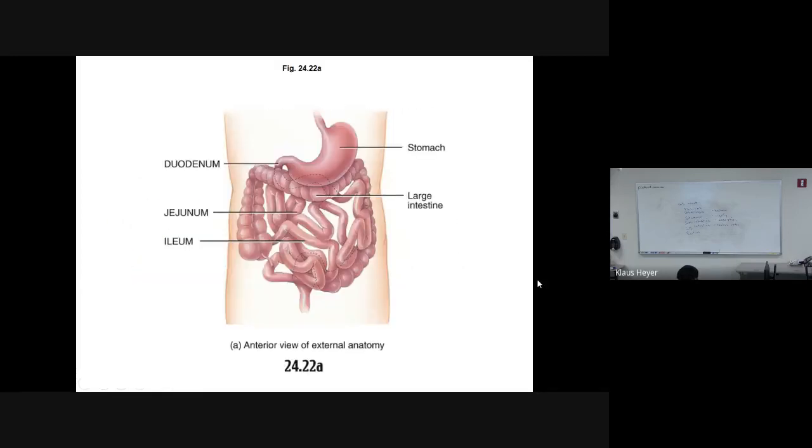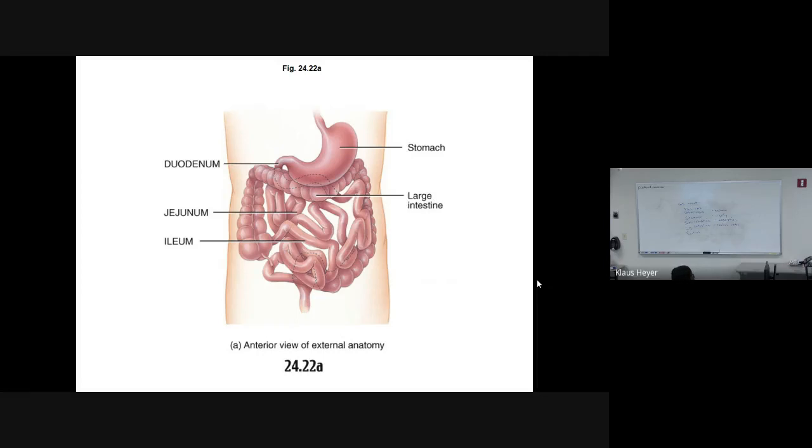Here's your small intestine. There's 3 parts to it. The other 2 names, if you could just be able to recognize them, the jejunum and ileum, that would be good because they're used in other words in the future.